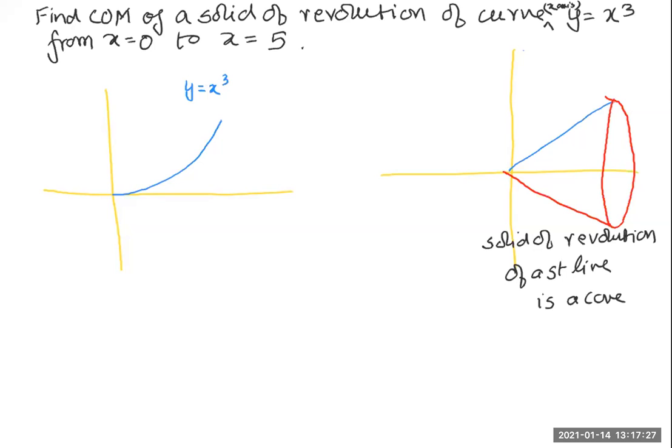So in this case, when this curve is revolved about the x-axis, it will create a solid of revolution like this. A cone, conical shape, but with a curved, not a straight cross section.